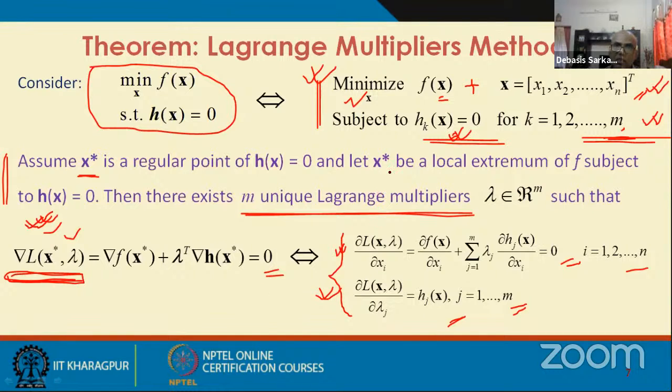Now, since h of x equal to 0, that means the equality constraint is being satisfied. So the same set of x1, x2 up to xn is also a solution to this optimization problem.